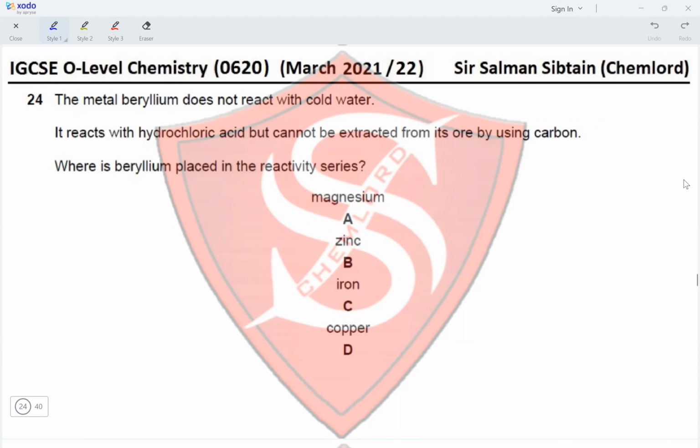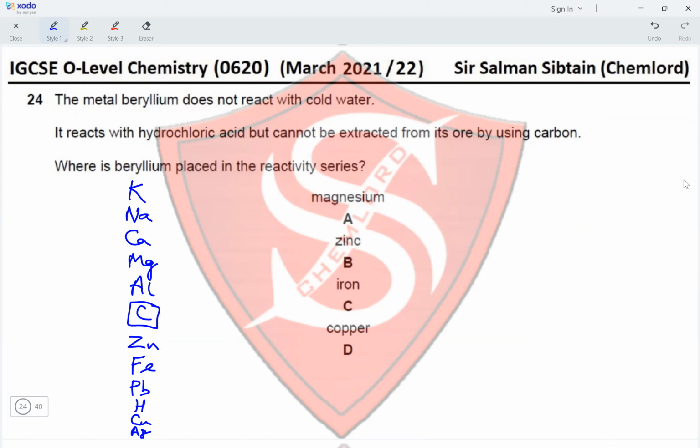So the reactivity series is potassium, sodium, calcium, magnesium, aluminum, and we have carbon here, zinc, iron, lead, hydrogen, copper, silver.